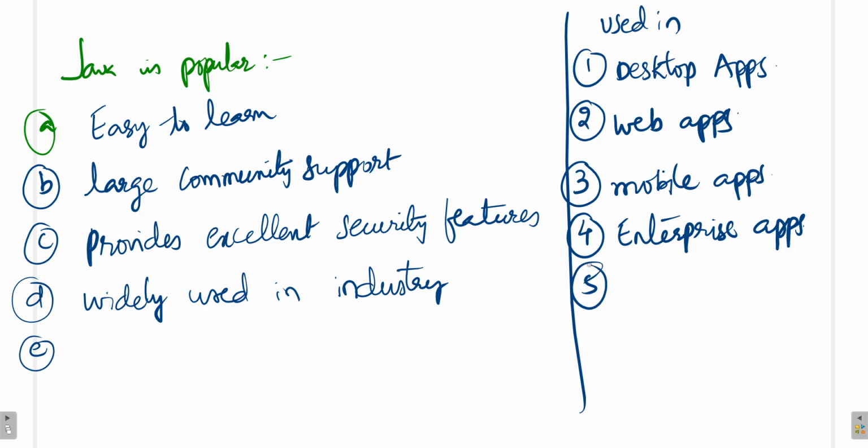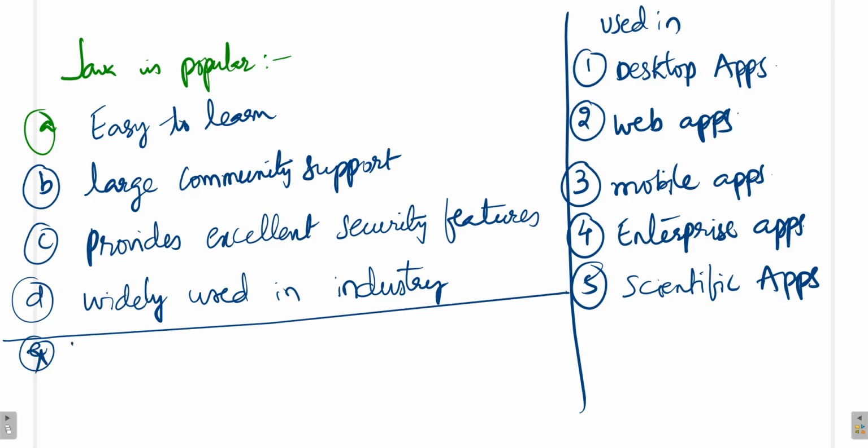The fifth one is scientific applications also can be developed using Java, right? So scientific applications means Java can be used in research projects, in simulation softwares, and in data processing applications, right?